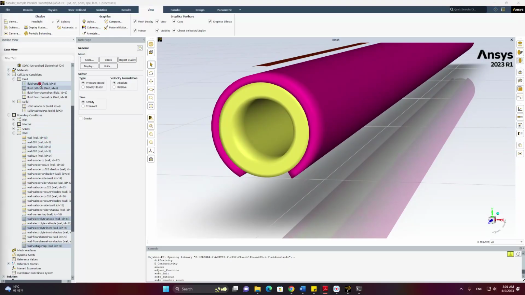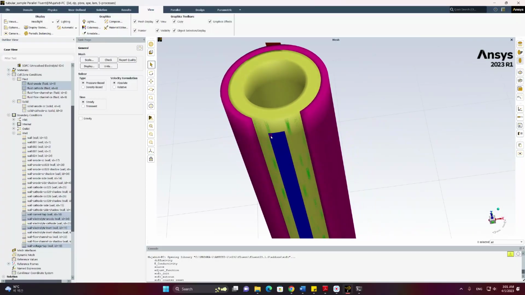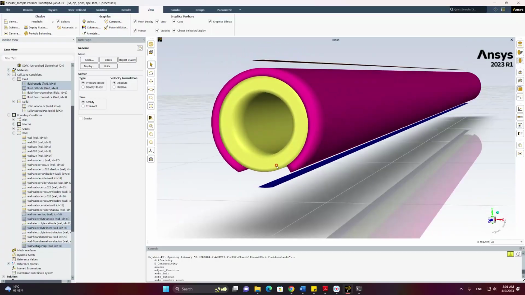Now if you go to the current collector and display it, this is the current collector. This surface is the current collector. We have got the anode, the cathode, voltage tap, and the current collector.